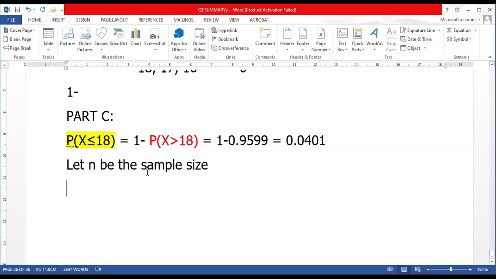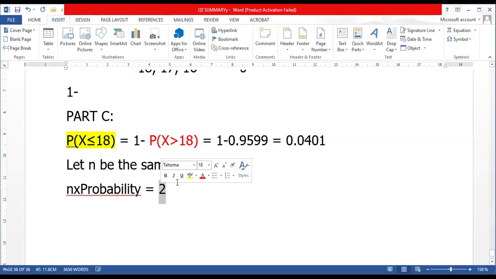They are only 2. So if I get n times the probability of those that fail to exceed 18, I know that I will get 2, because I am given the total number that failed to exceed 18 years.